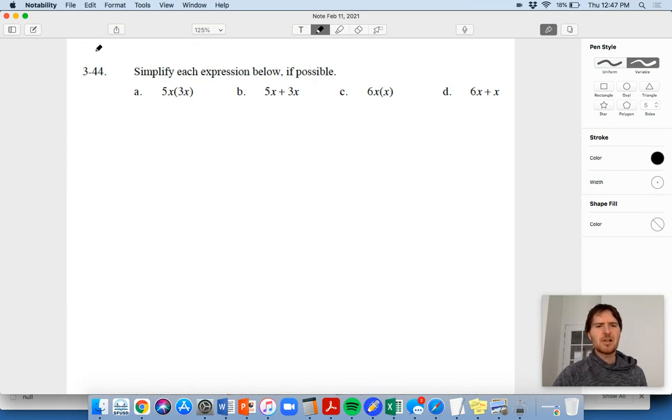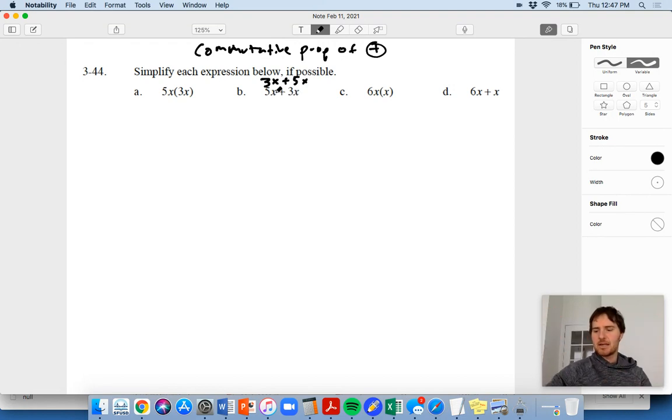In my last video, I talked about the commutative property of addition. There's a commutative property of addition and of multiplication. They're different properties, but the commutative property of addition means when you're adding, order doesn't matter. So 3x plus 5x would be the same thing as 5x plus 3x.